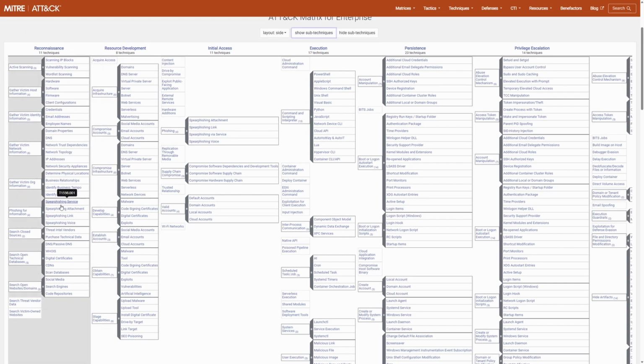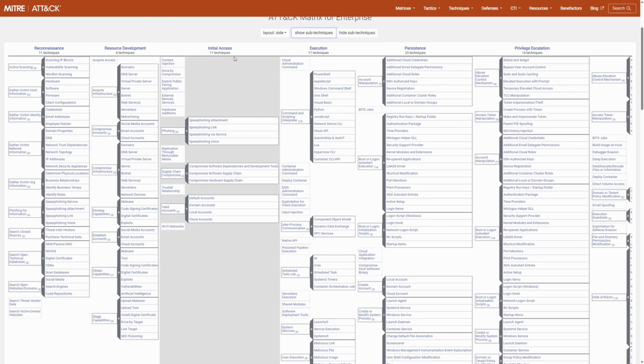After you've already done all your research, all your reconnaissance, then you get to the initial access part, where you see content injection. That's injecting, right? And with content injection, that's like SQL injection, stuff like that, I believe, if I'm not wrong on that.